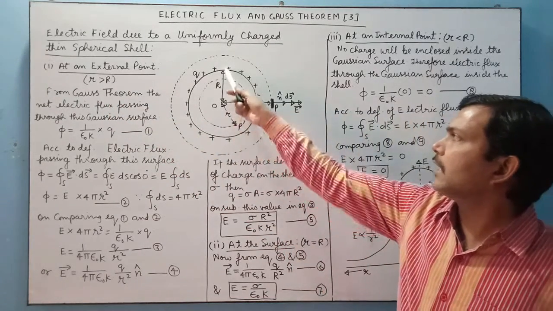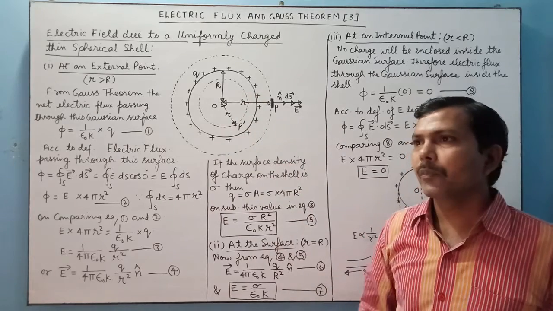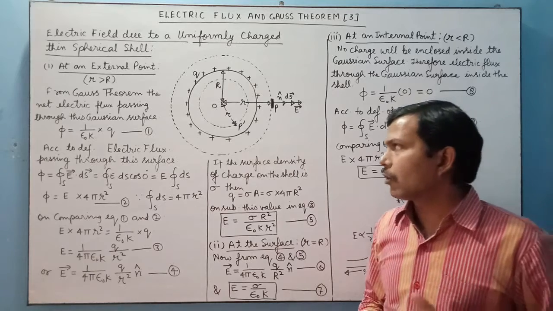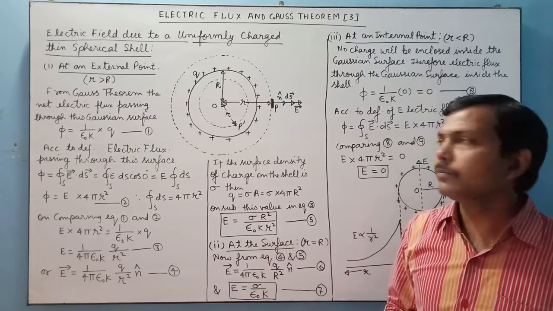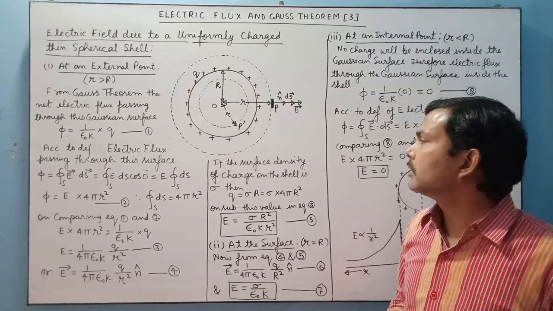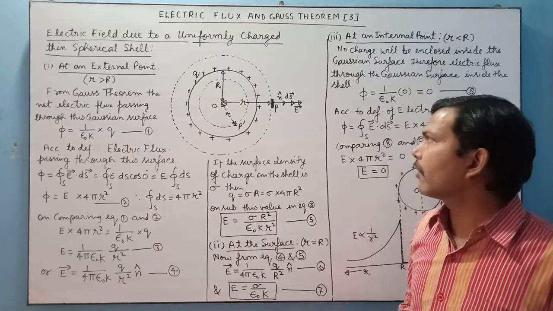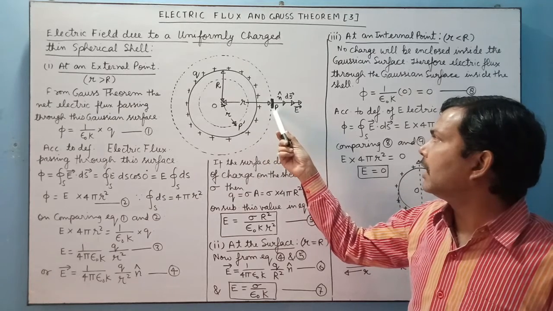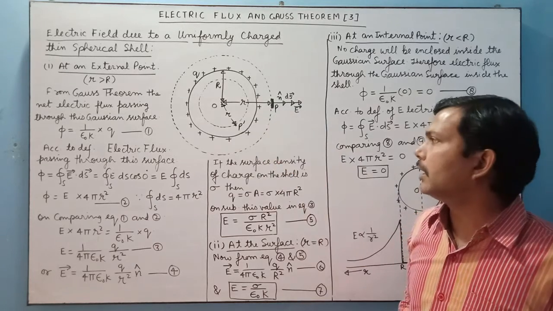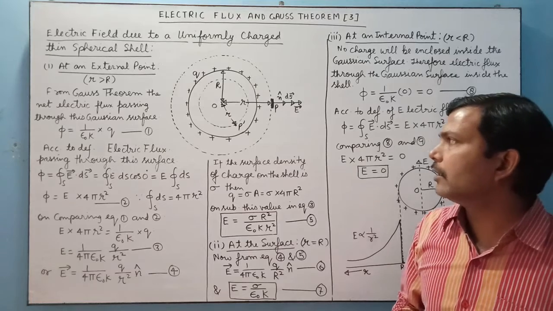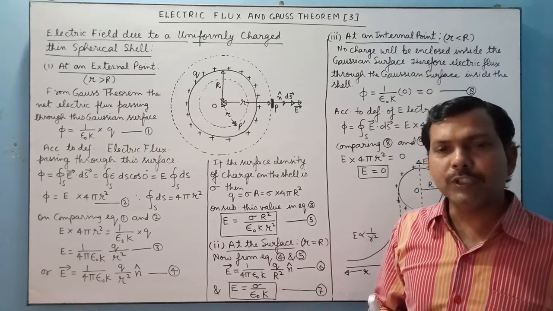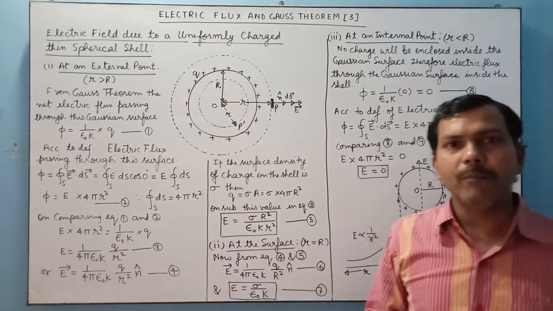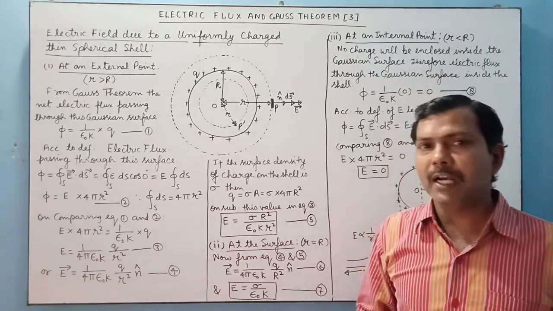Here capital R is the radius of the spherical shell. So to determine the intensity of electric field at point P, here also we have to assume a spherical Gaussian surface of radius small r, so that point P lies on the surface, and we will determine electric flux passing through this Gaussian surface by two ways, one by Gauss theorem and one by definition of electric flux.